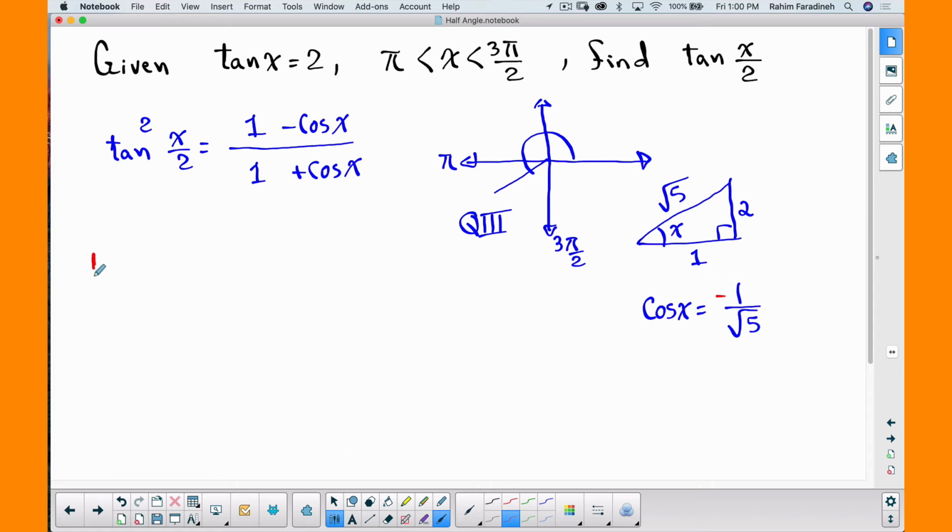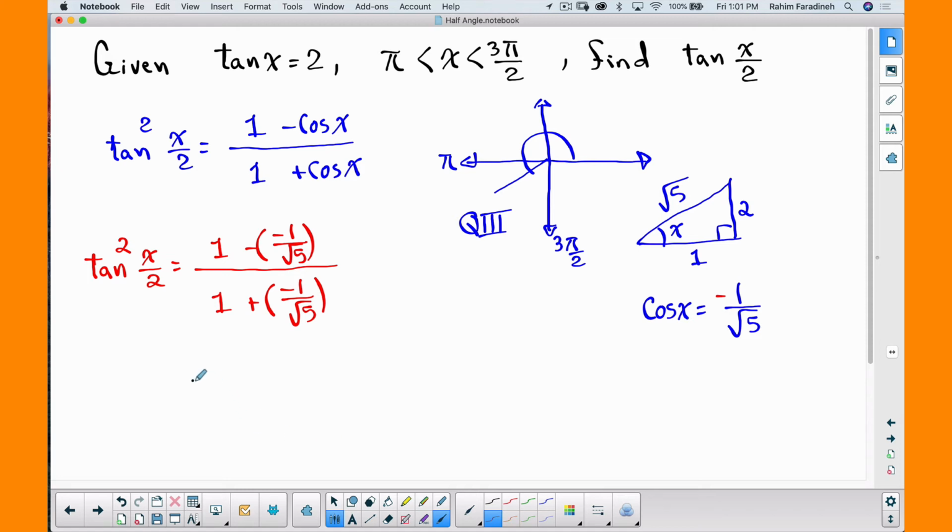So tangent square of X over 2 then will be 1 minus negative 1 over radical 5, over 1 plus negative 1 over radical 5.